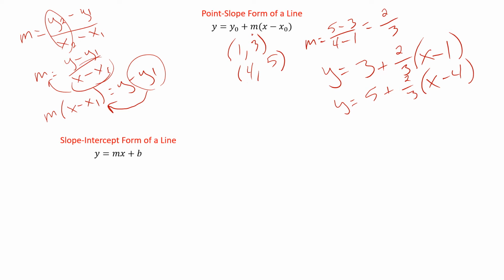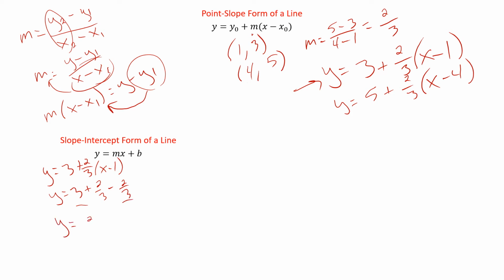To do this, we simply distribute and then combine like terms. So if I start out with this equation, y equals 3 plus 2/3 times x minus 1, we can distribute those 2/3. Y equals 3 plus 2/3 x minus 2/3, and then combine those two constants.